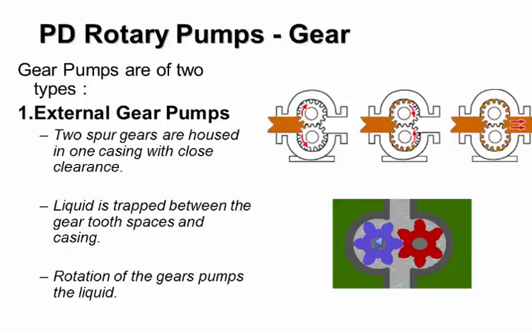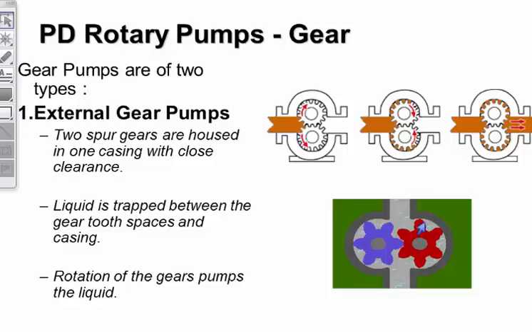Okay, we've got 2 votes for anti-clockwise, which is wrong. What happens here is this turns clockwise. And as it turns clockwise, the fluid gets trapped between the gear teeth and the casing. And as this rotates, it carries around that little pocket of fluid and discharges it out through the discharge port.